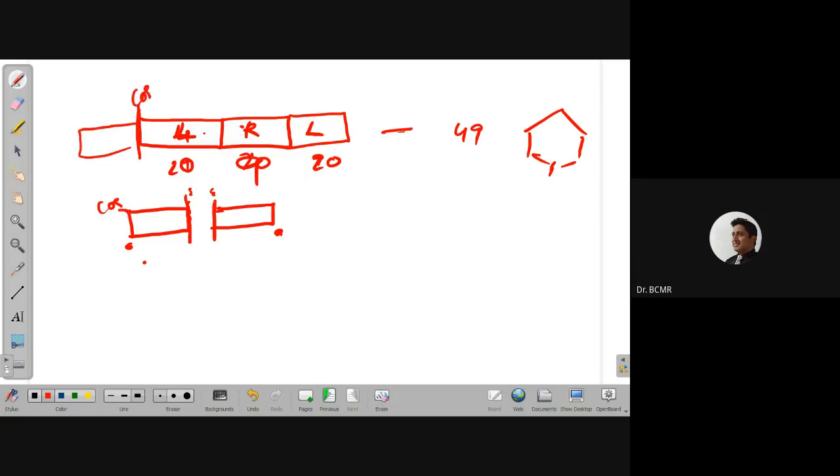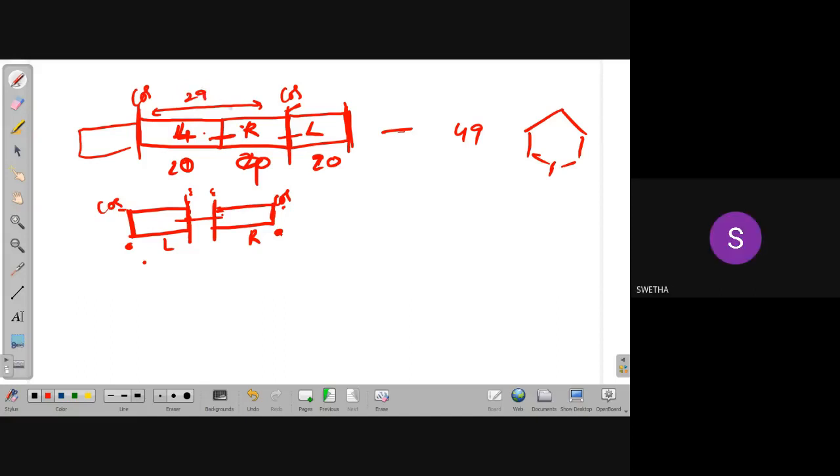If it has formed a multimer like this, there should have been a cos site too. During packaging, the end here is cos, and this end is cos. So when they ligate between these two, you form an L and R like this. When they ligate this way, on the other side there is a cos site that is forming. So the size of it will still remain around 29.